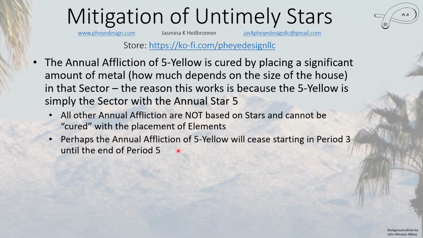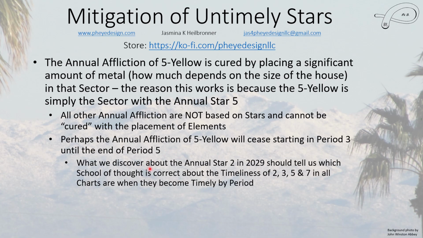Now, it is possible that the annual affliction of 5 yellow will cease, just won't be there anymore, starting in period 3 until the end of period 5. However, what we discover about the annual star 2 in 2029 should tell us which school of thought is correct, because some say the annual star 2 is still an illness star, others say it's a wealth star.